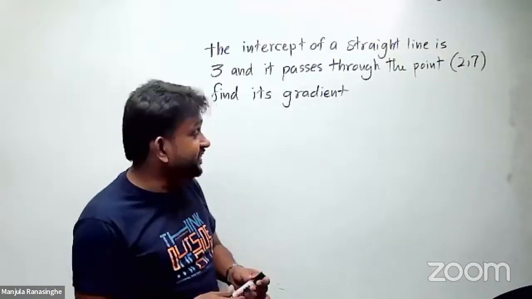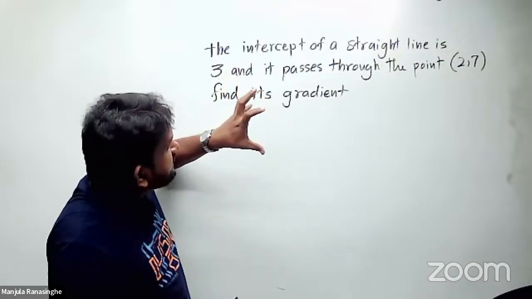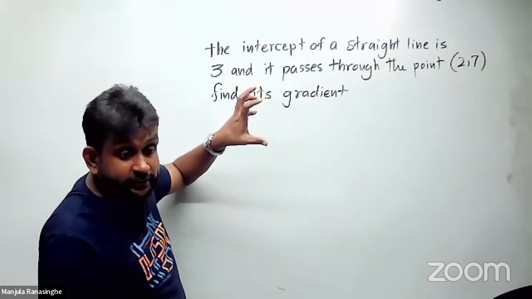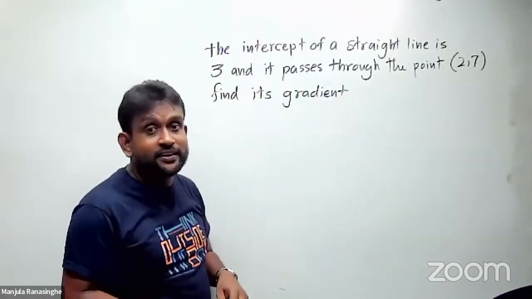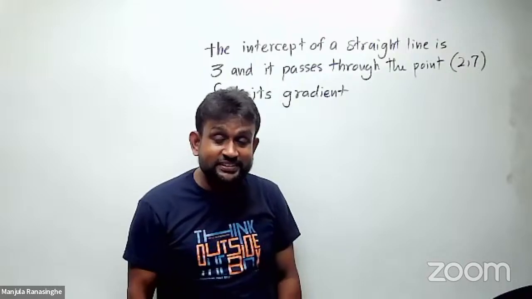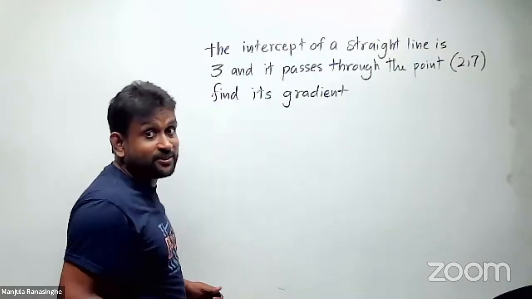What happened here? Intercept given, but you know to find the gradient, it is better to have two coordinates. But one coordinate exactly given and the intercept given. But we know how to convert the intercept as a coordinate. How? How to convert intercept as a coordinate?